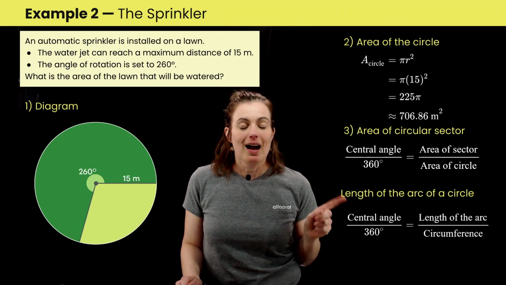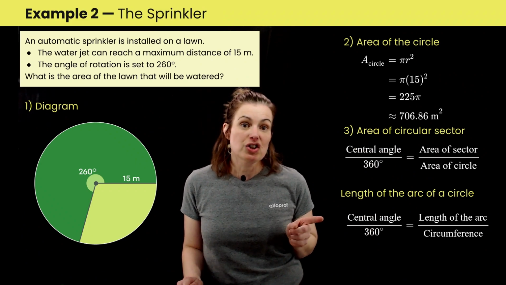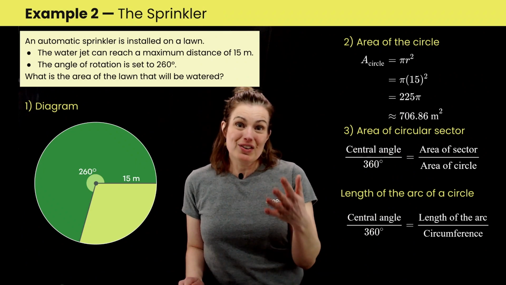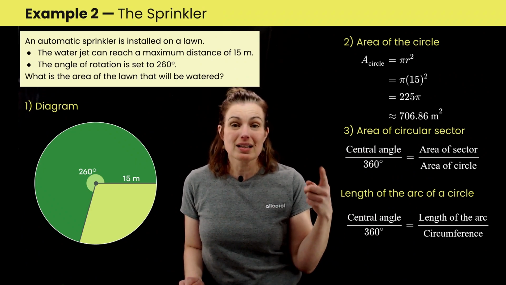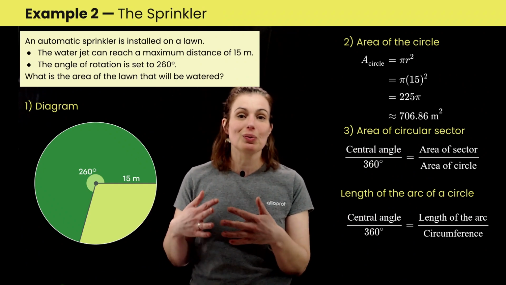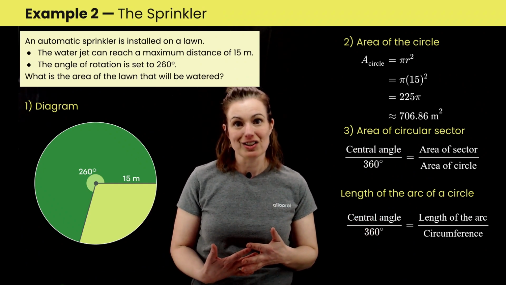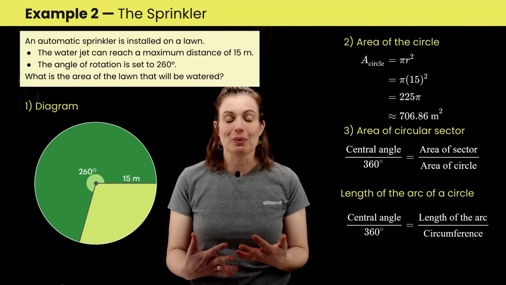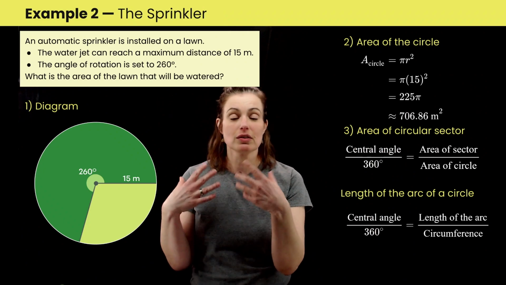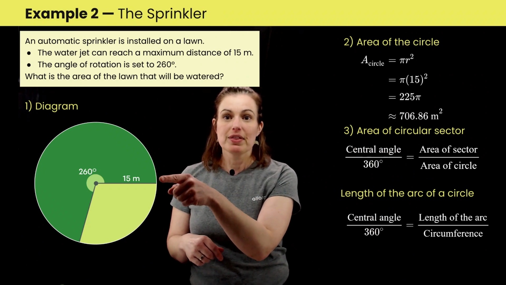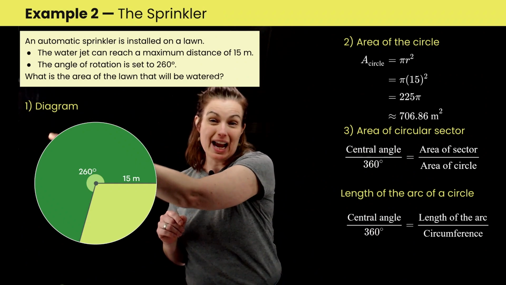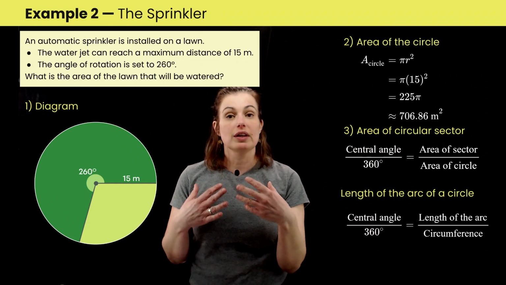I've included down here the relationship that exists between the length of the arc of a circle and the circumference of the circle, because it's actually kind of the same relationship. It's interesting to note, since we're already talking about perimeter too. We won't need that one for our calculation this time, but you might need it in the future. If we look at the same circular sector created by that 260 degrees, the distance around just that sector along the outside of the circle is what we call the arc.